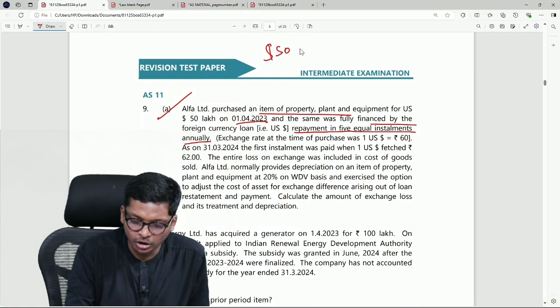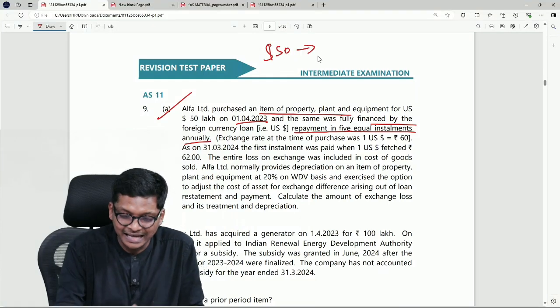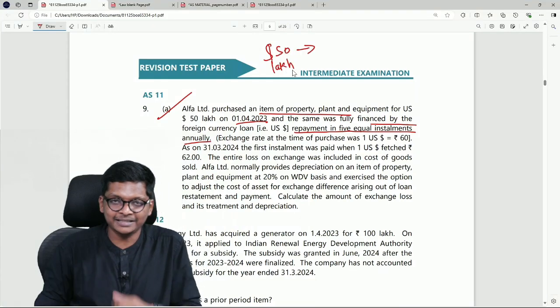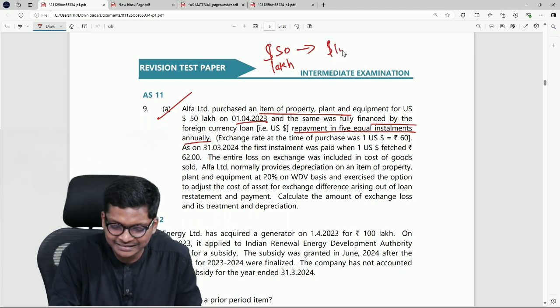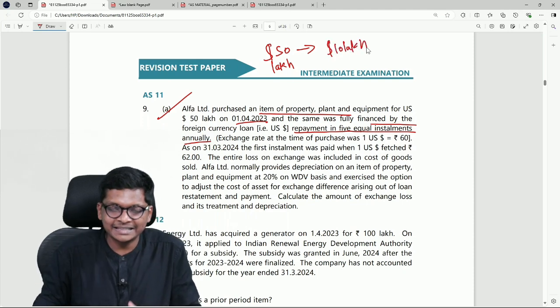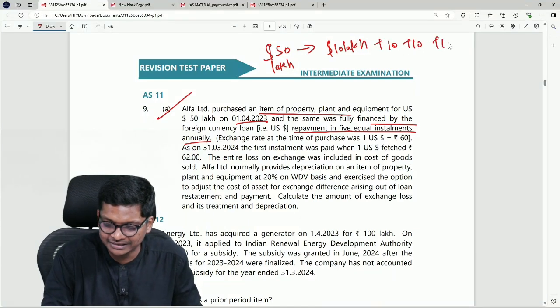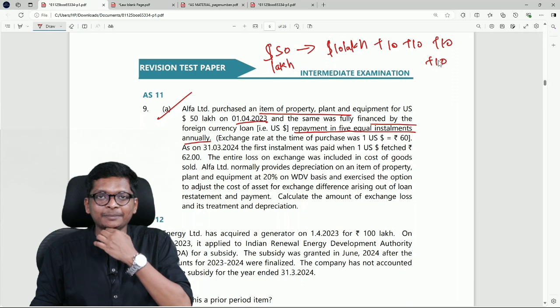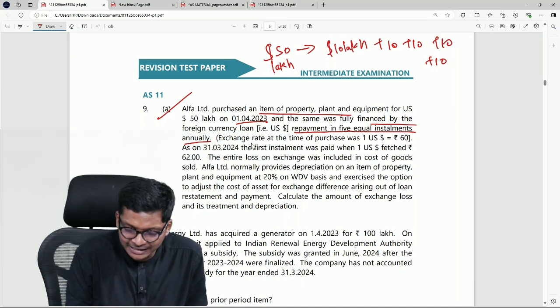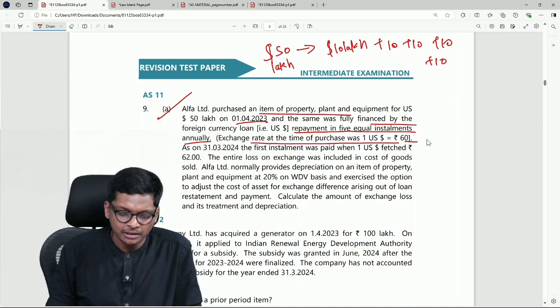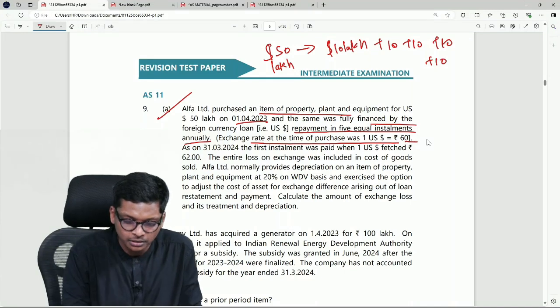So $50 lakh is going to be repaid as $10 lakh in each of the years, so 10 lakh plus 10 lakh plus 10 lakh plus 10 lakh plus 10 lakh. So 5 times I will pay. Exchange rate at the time of purchase was 60.